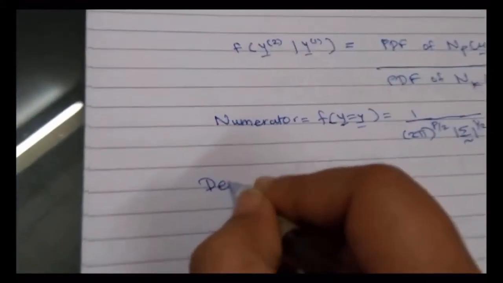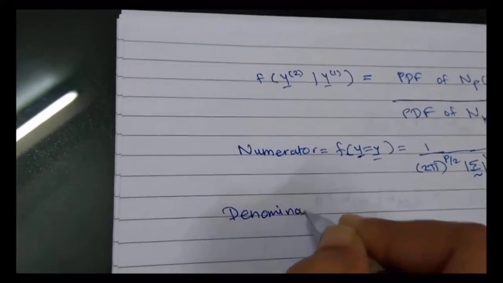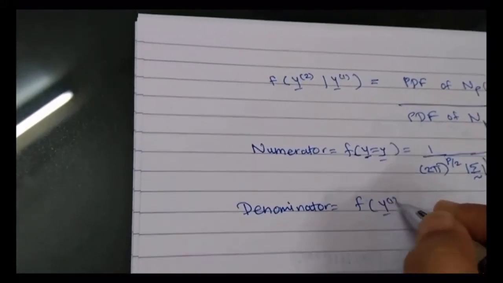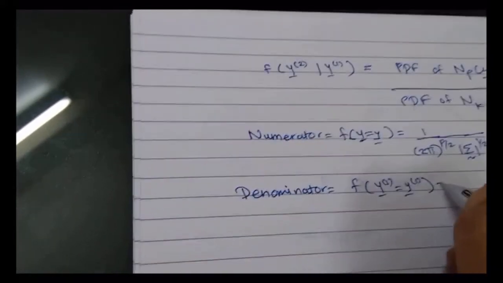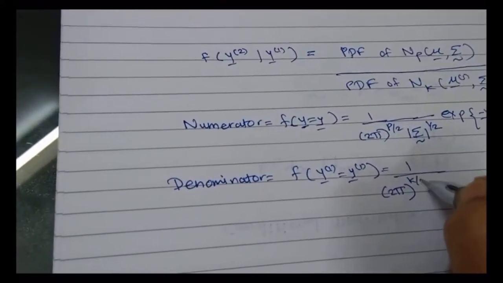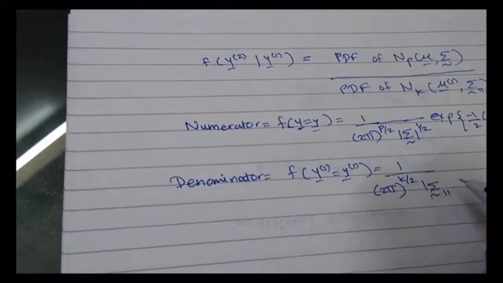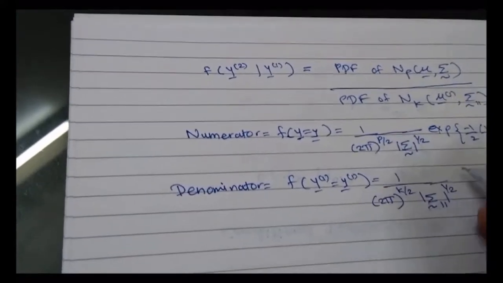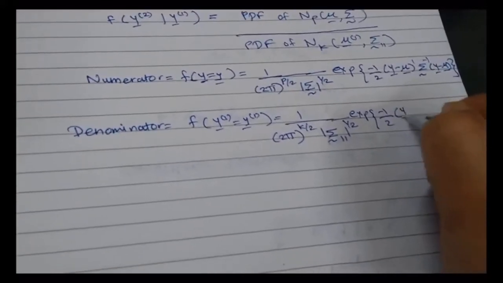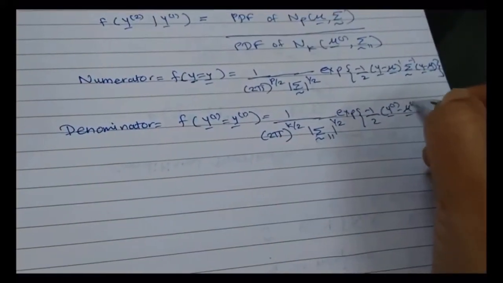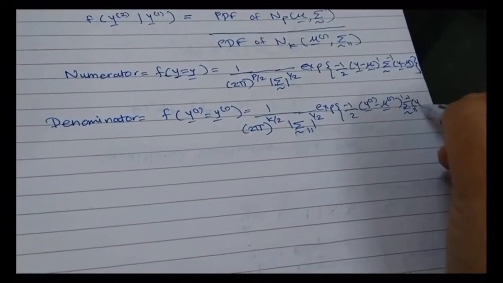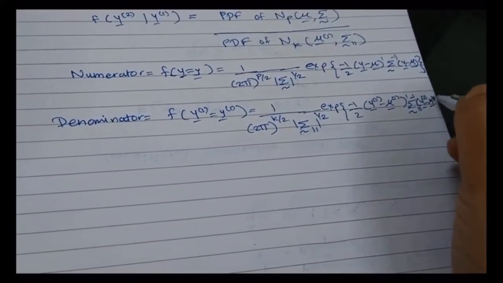Whereas my denominator is going to be f of y1 equal to small y1. So this will be 1 upon (2 pi) raised to k by 2, determinant of sigma 1 1 raised to half, e raised to minus half (y1 minus mu1) prime sigma 1 1 inverse (y1 minus mu1).